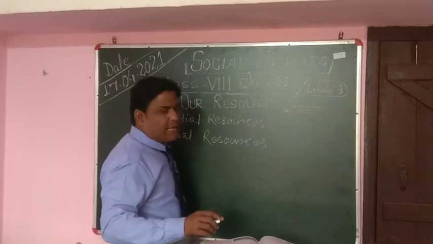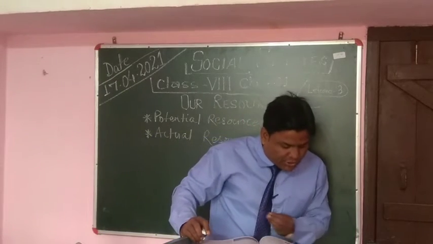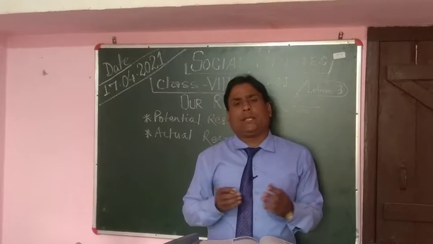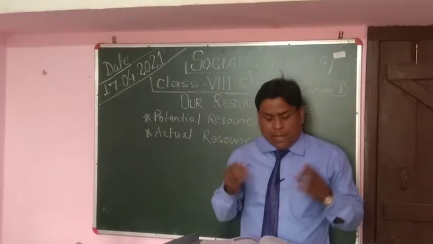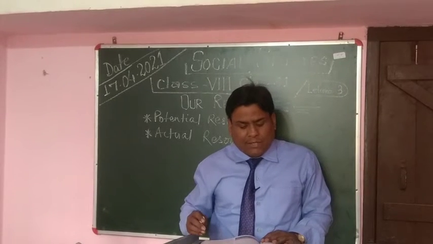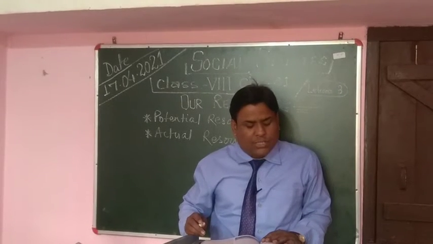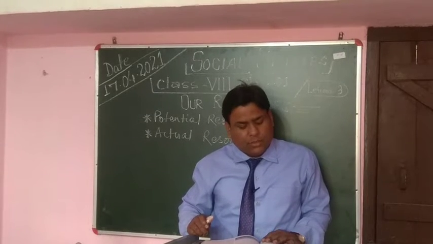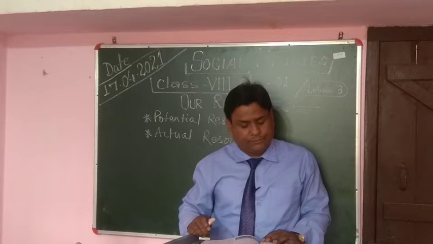Now the question arises, what are these potential and actual resources? Dear children, potential resources are the resources which exist in a region and could be used in the future but have not been developed yet to their full potential.